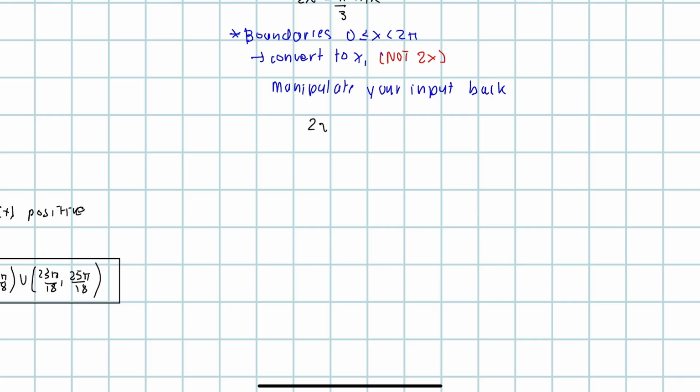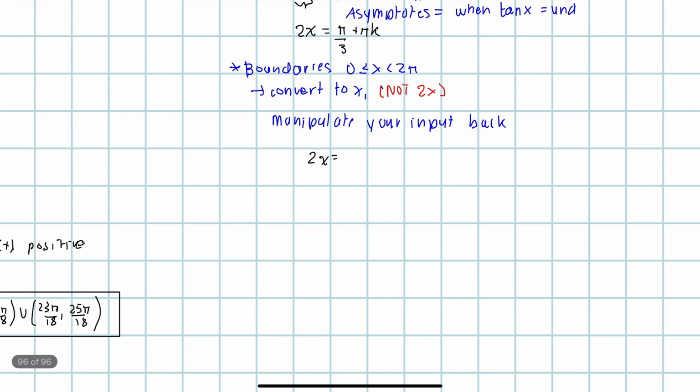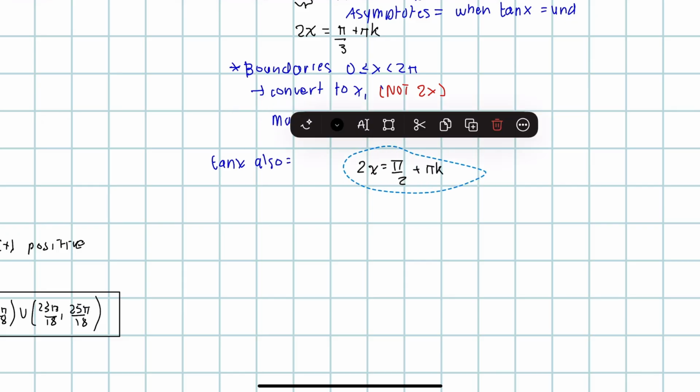So you're going to have 2x is equal to pi over 2 plus pi k. This is also when tan x is undefined here as well. So make a note of this.